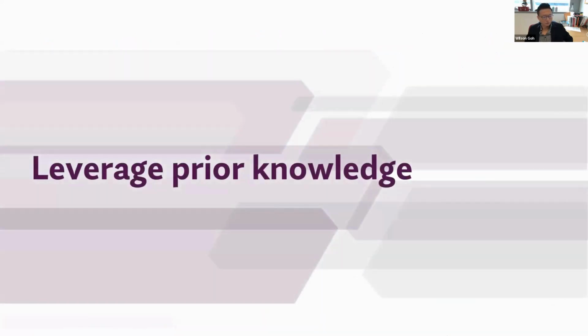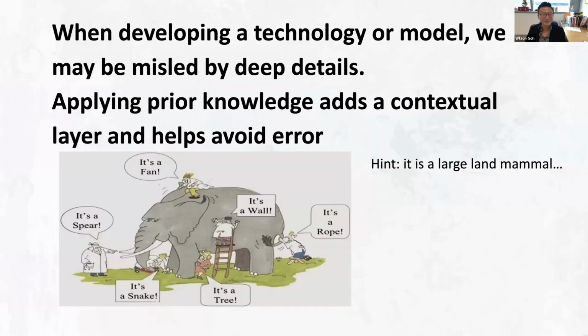All right. So in the next segment of my talk, I want to go into leveraging prior knowledge. I'm sure you all have seen this picture before, and you've heard about the fable of the blind men in the room, each groping different parts of an elephant, and then each coming to their own conclusion on what they are feeling.